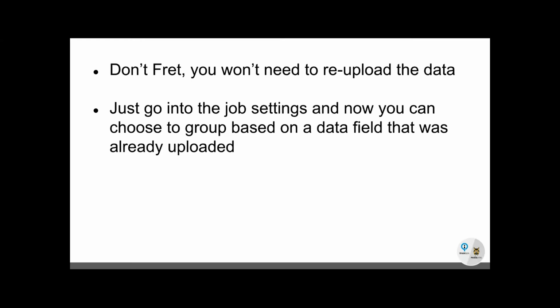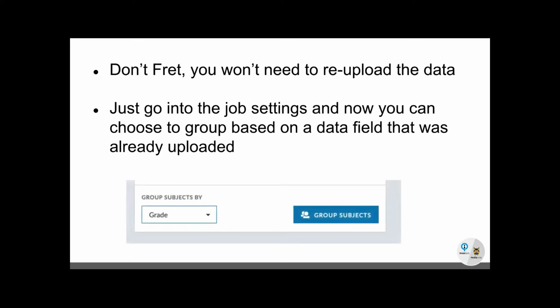You have the teacher already uploaded in the data set within the subjects. There's a feature in Blueprint where you can go into the settings and select to group the subjects based on a certain field. In this case, we're going to group by grade. You go into the job settings and choose the data field you want to group by, and the system will generate those groups.